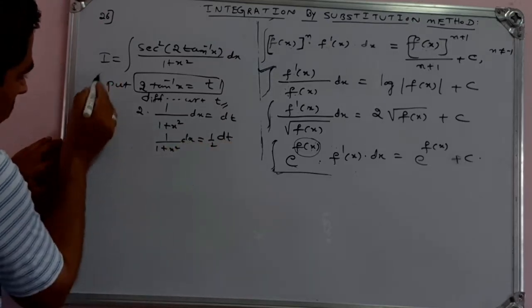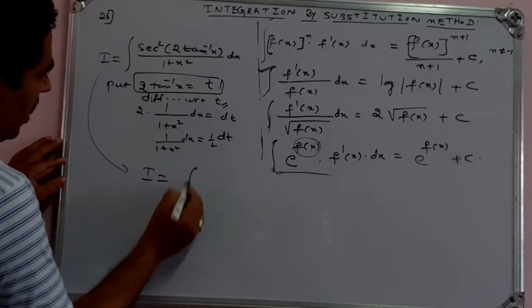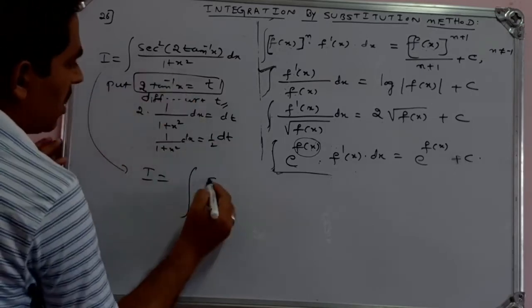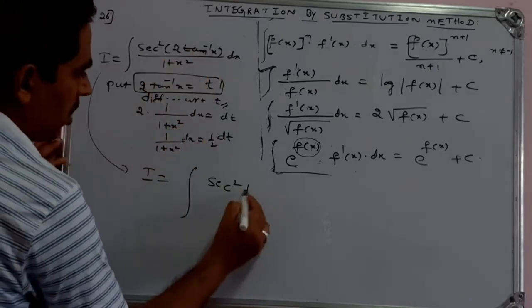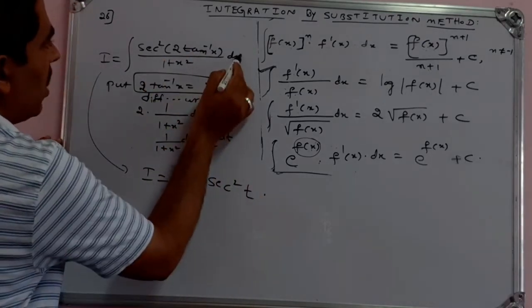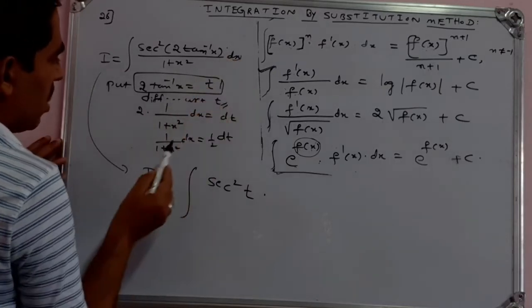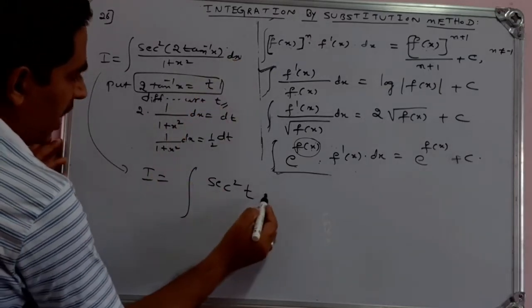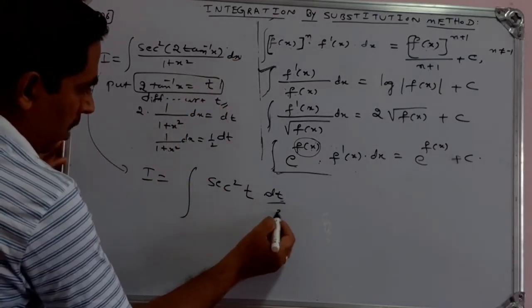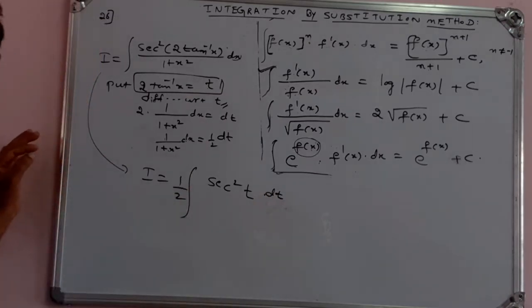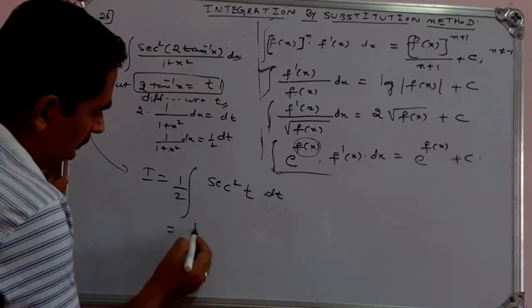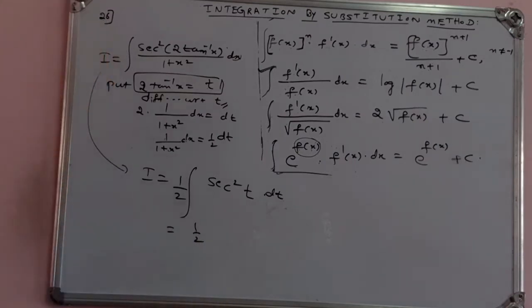Then this converts to I is equal to integration of secant square, and this whole thing is t, into 1 by 1 plus x square dx, which is half dt. That 2 comes outside, that means 1 by 2. So that is half into integration of secant square t.